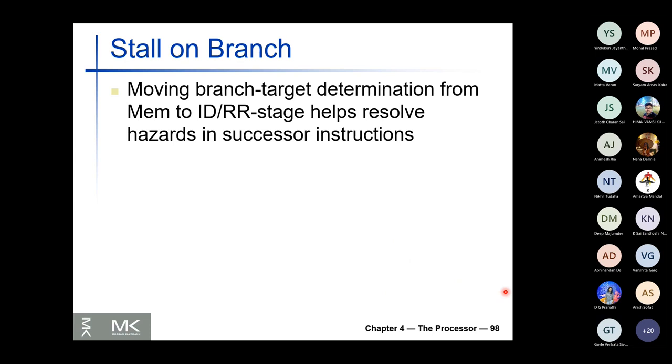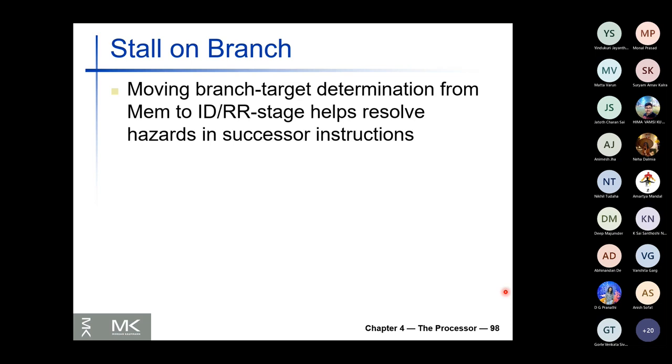With a little bit of hardware overhead, you can resolve this. So moving branch target determination from the memory stage to the previous IDRR stage helps resolve hazards in the successor instructions. That means whatever instructions are following the branch instruction, the stall incurred by them can be reduced.